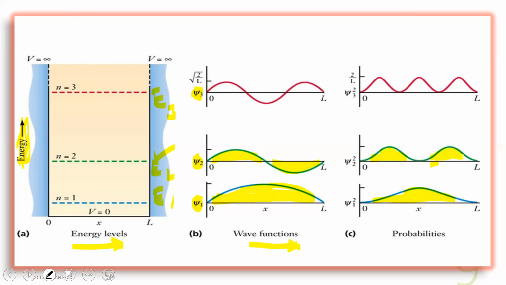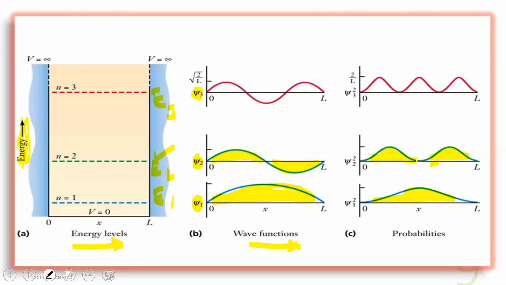From this observation, at x is equal to 0, at x is equal to L by 2, and at x is equal to L positions, the probability of finding a particle is minimum and in the remaining parts it is maximum. And here we observe that at x is equal to L by 4, the probability of finding a particle is maximum.